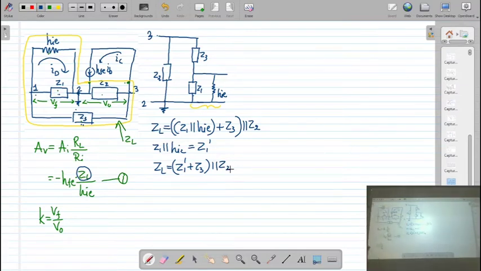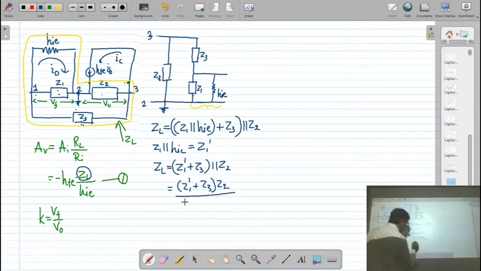Parallel to the Z2. Okay? And this thing we can write as a parallel combination. So it is Z1 dash plus Z3 into Z2 divided by Z1 dash plus Z2 plus Z3. So this is the expression for ZL. Remember.